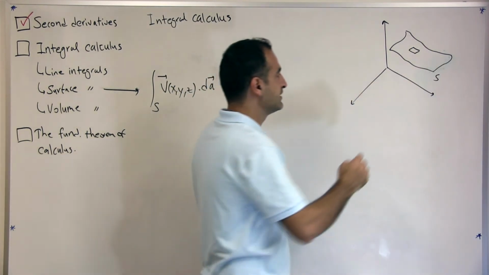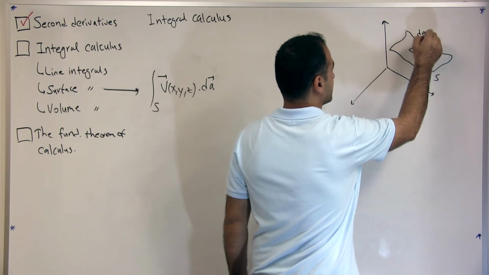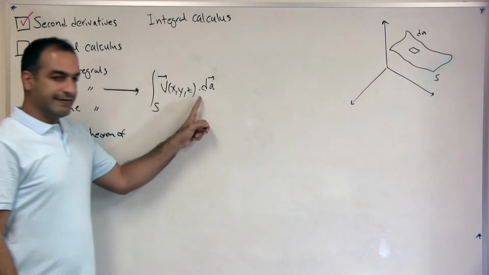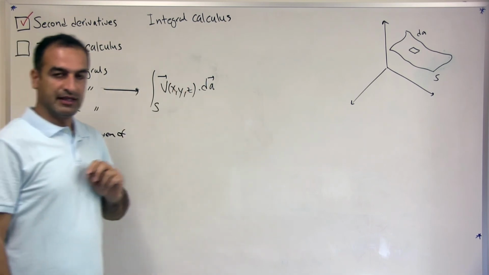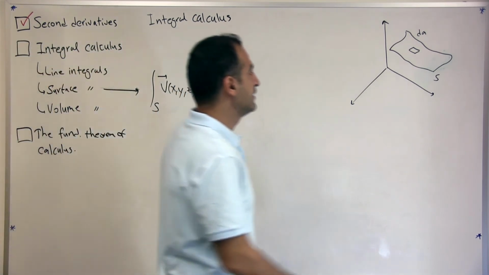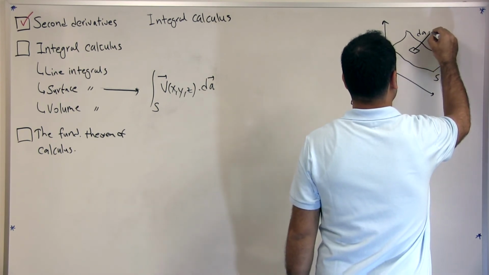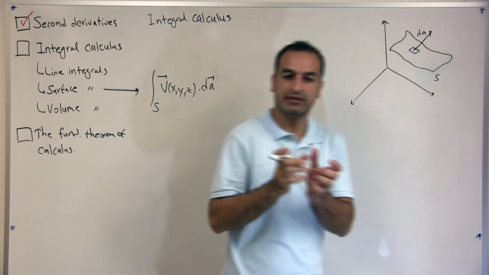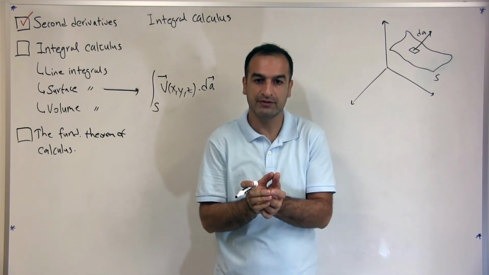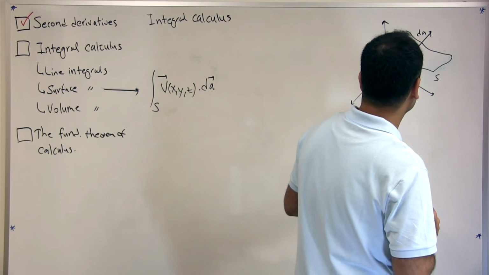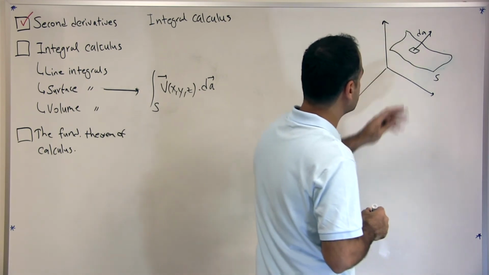So this is basically the dA that we have here. Okay, how do we define a vector from dA? The vector on a surface is defined as a vector whose length is proportional to the area of the surface. Okay, the length shows the area, and the direction shows the direction that is perpendicular to the surface.